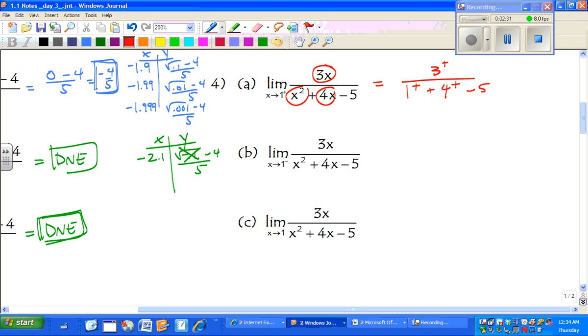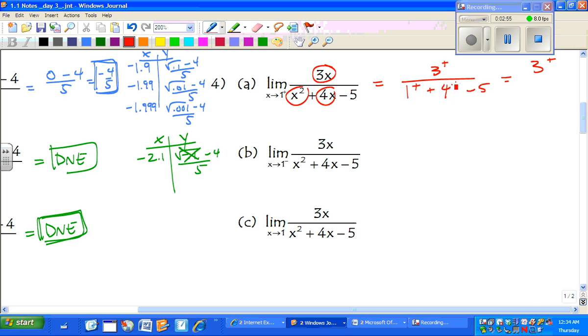So it looks a little confusing with all these little extra pluses and everything. But if we look at this, the top is kind of by itself. We need to focus a little bit more on the bottom. On the bottom, we're approaching 1 from the right, 4 from the right. All that means is this number here is always going to be a little bit bigger than 1.